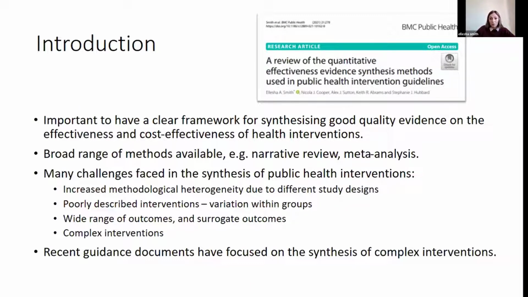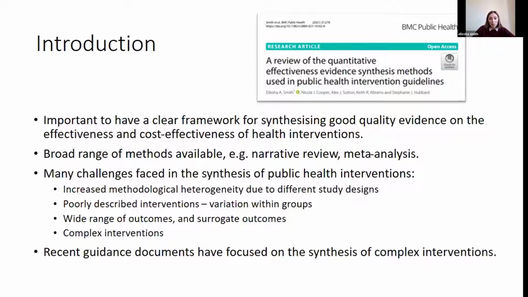So in order to make well-informed decisions and provide the best guidance in healthcare policy, it's essential to have a clear framework for synthesizing good quality evidence on the effectiveness and cost effectiveness of health interventions. There are a broad range of methods available for synthesizing evidence from systematic review, including qualitative synthesis methods, such as narrative reviews, and quantitative methods, such as meta-analysis.